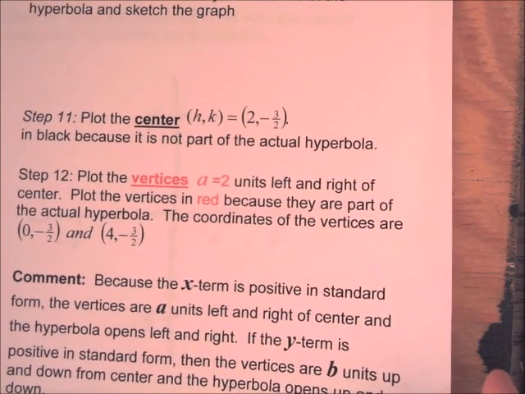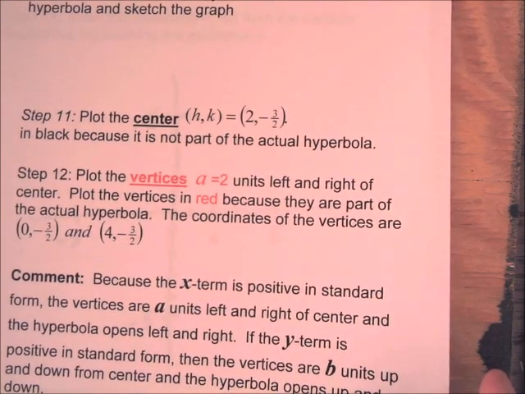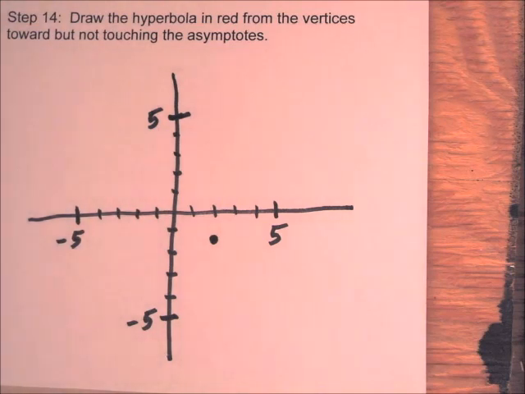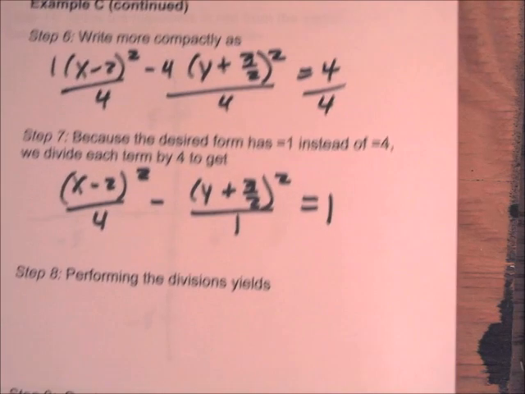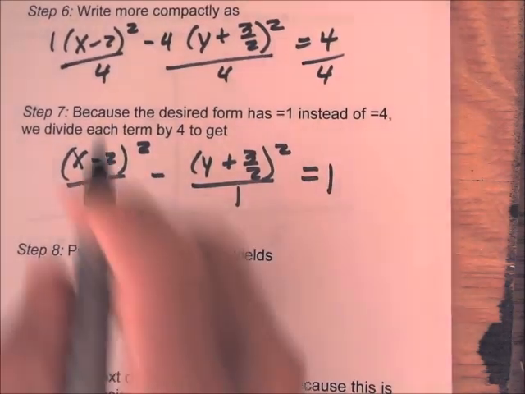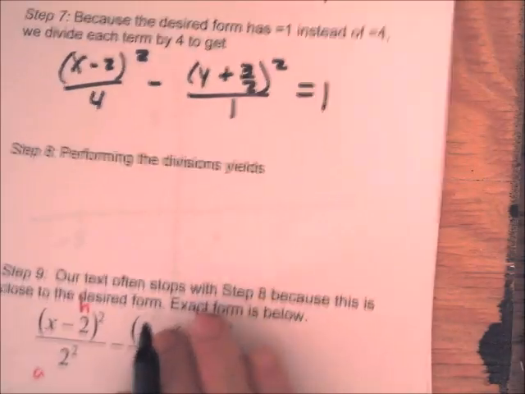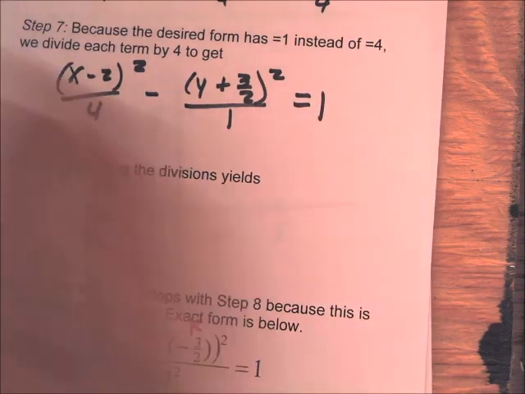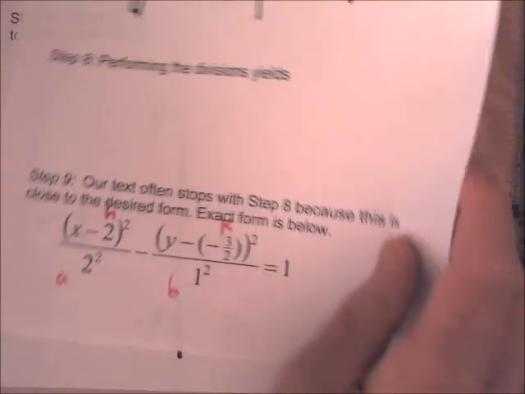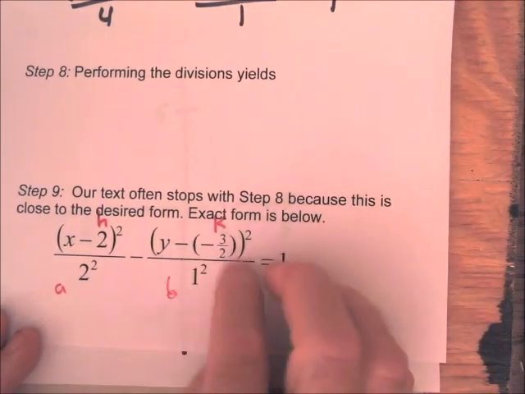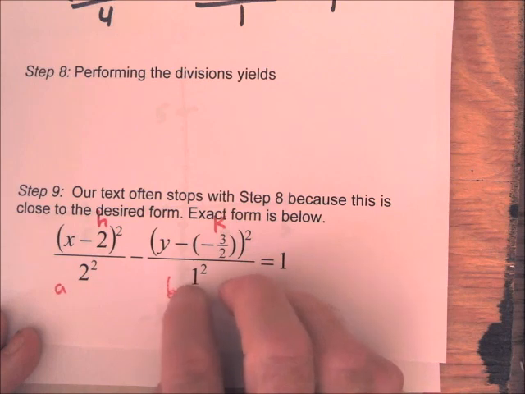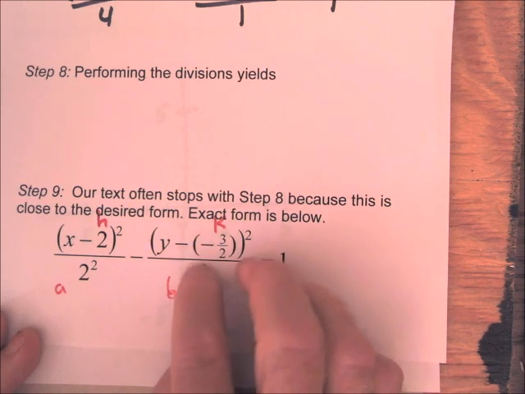And the vertices, because the x squared comes before the minus sign, the vertices are going to be a away from the center. If the y squared was before the minus sign, then we go up and down b from the center.